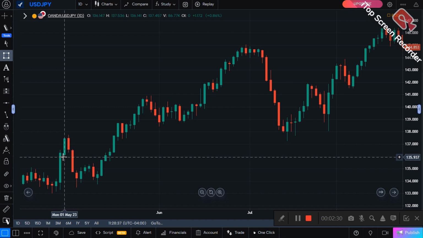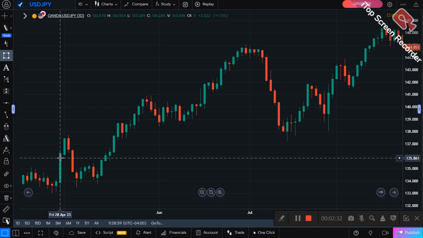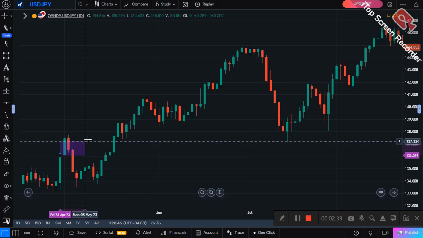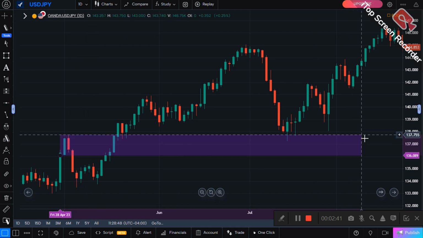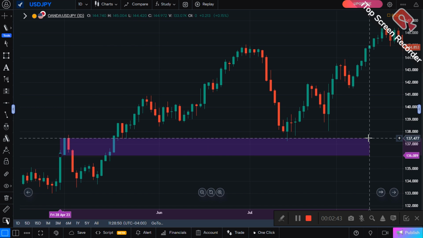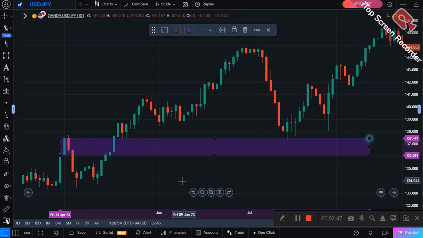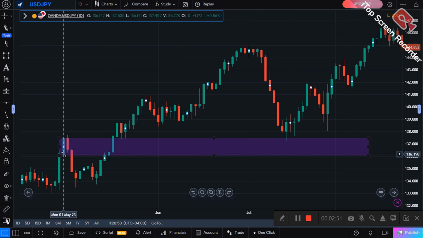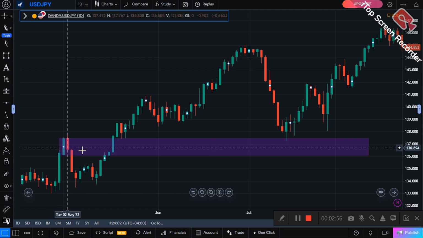This is the breaker block, whatever you say. This is a breaker block in the same place. Since this is the last candle, I would rather call it a breaker block.